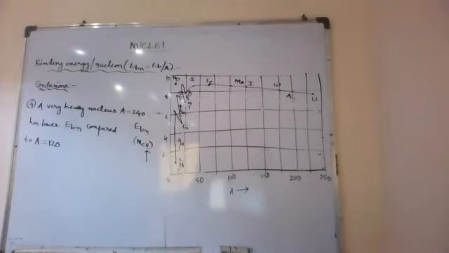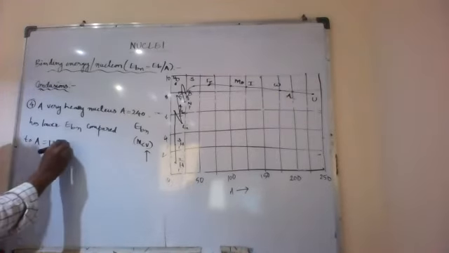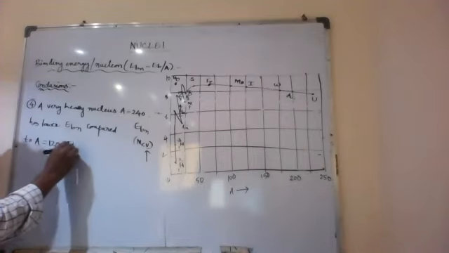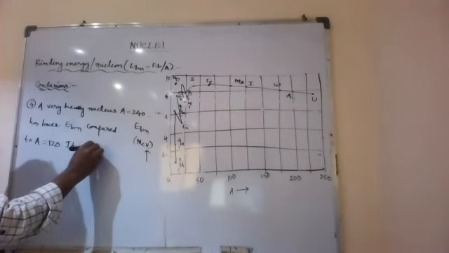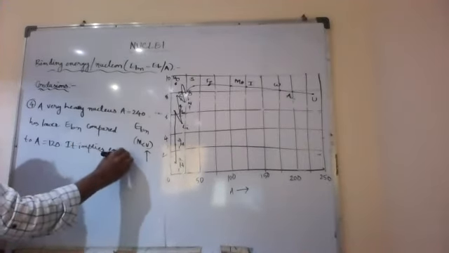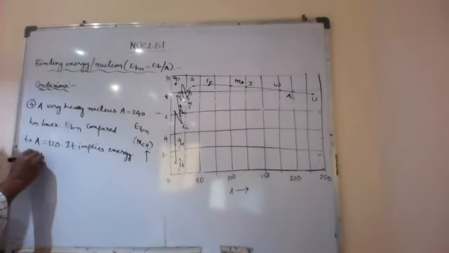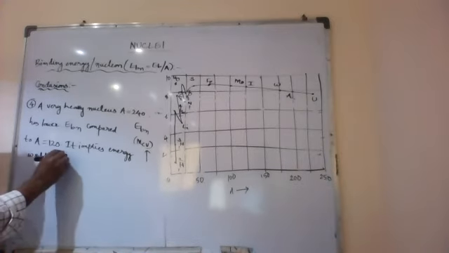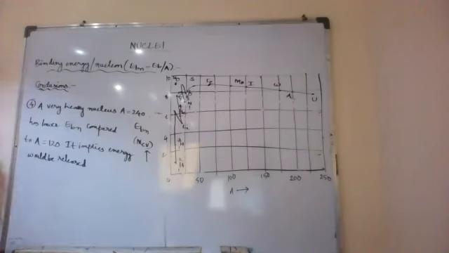Now this implies energy would be released. That is why these radioactive elements, with atomic mass greater than 240, from 120 to 240, we use for radioactive elements.